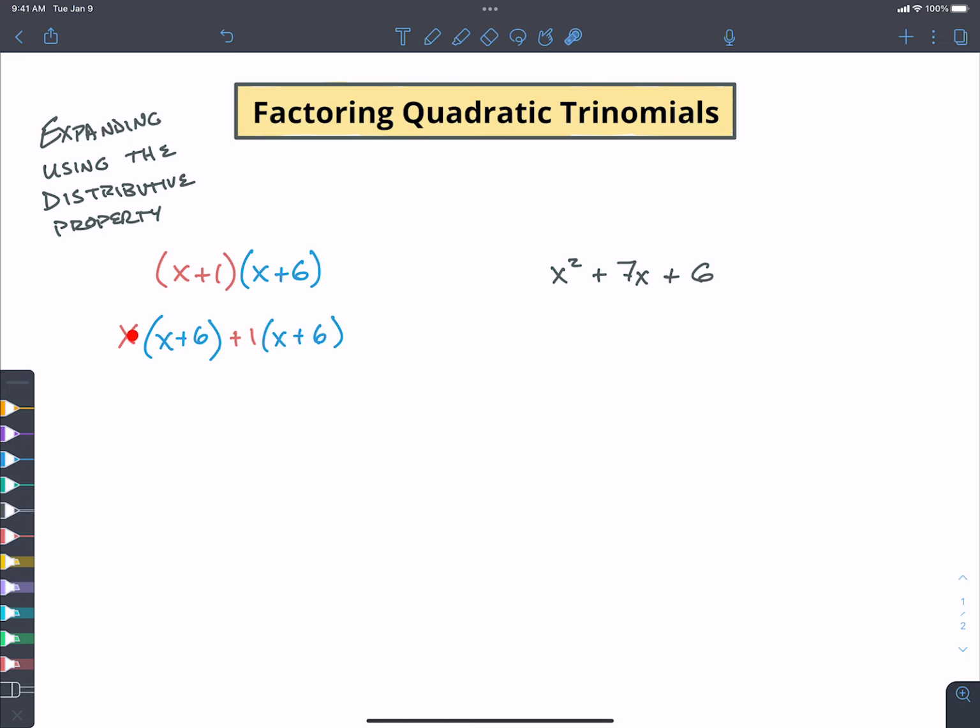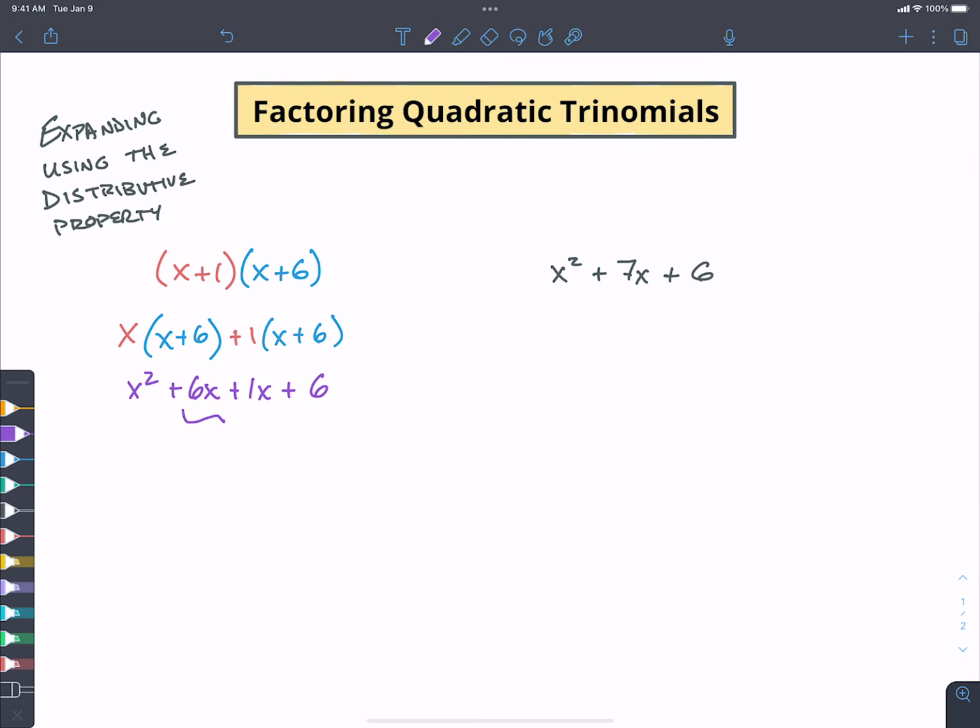And so what we did is we took our x times x, and we had x squared, and then we had x times 6, so we had 6x, and then we took 1 times x, so we had another 1x, and then we took 1 times positive 6, and that gave us a positive 6.